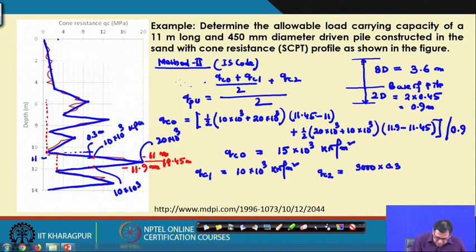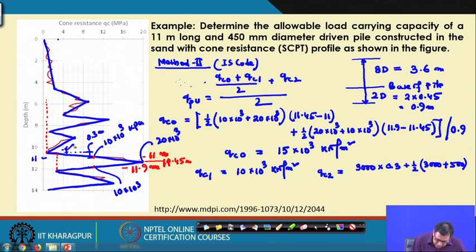Then from here to here it is increasing, so you will take the average value of that. So, take the average value, that is 3000 plus here the value is 500. So, this is 500. And this thickness from here to here is 0.1 meter.